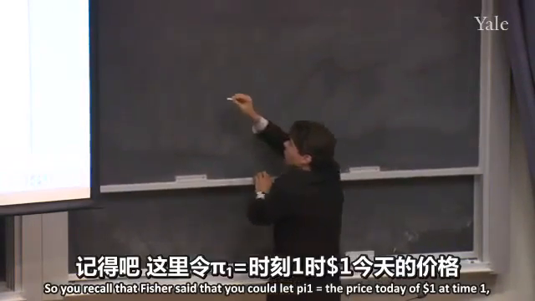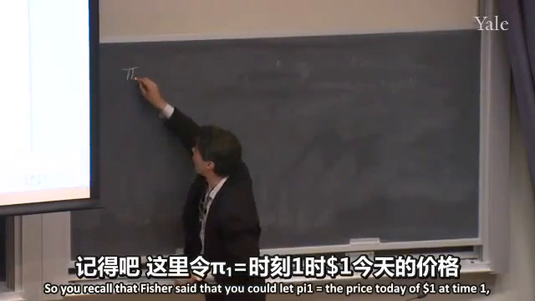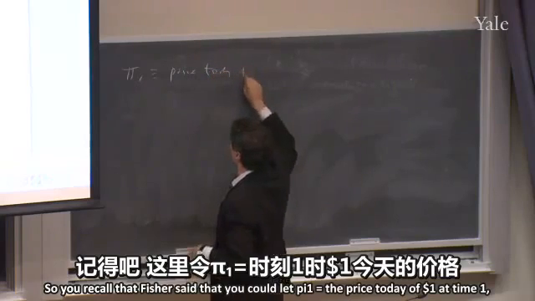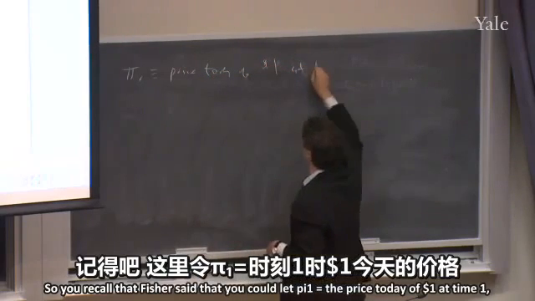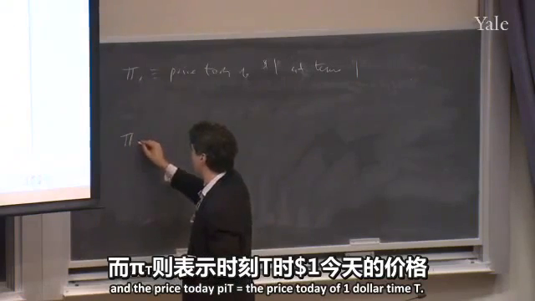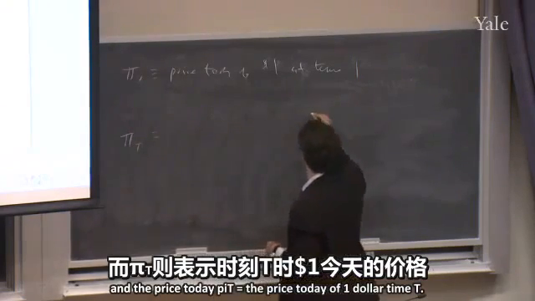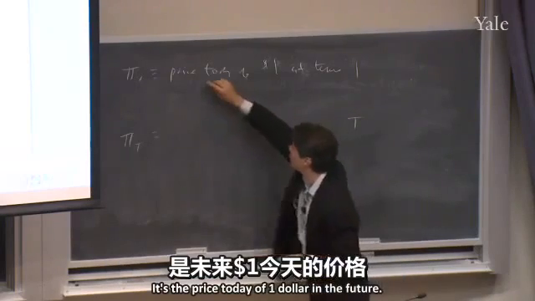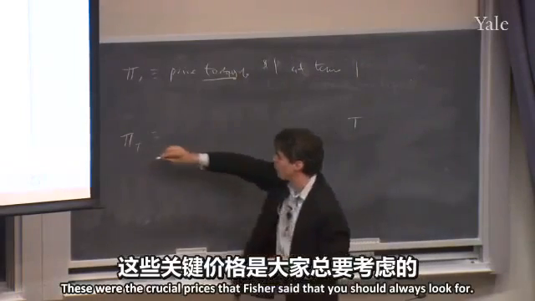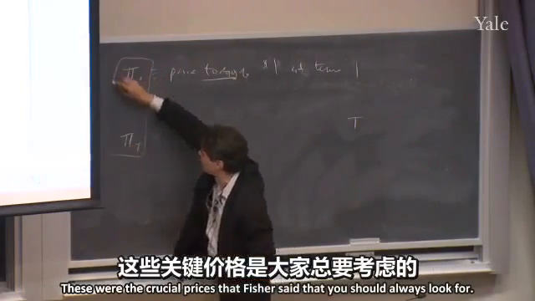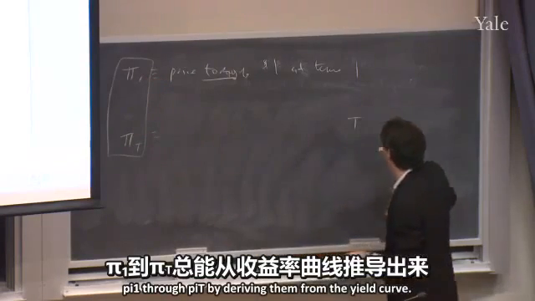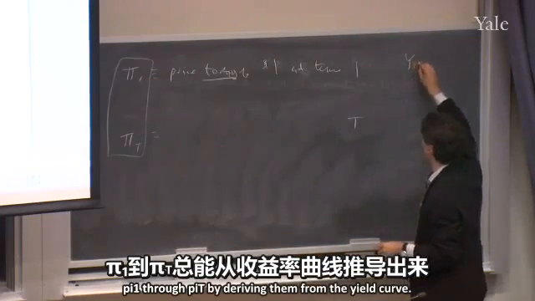You recall that Fisher said that you could let pi 1 equal the price today of $1 at time 1, and pi t equals the price today of $1 at time t. It's the price today of $1 in the future. These were the crucial prices that Fisher said you should always look for. He said that you can always find these prices, pi 1 through pi t, by deriving them from the yield curve.